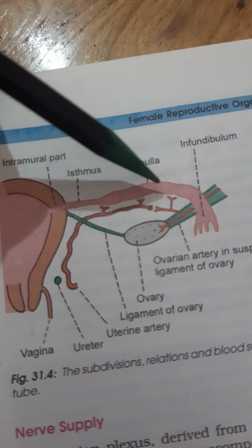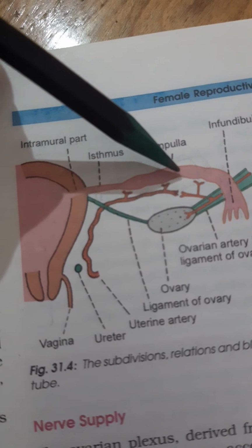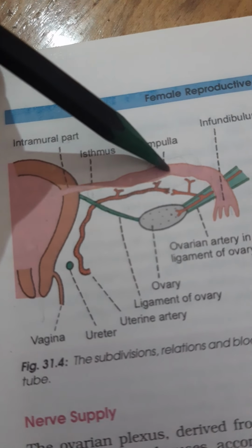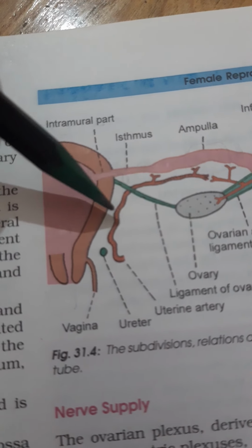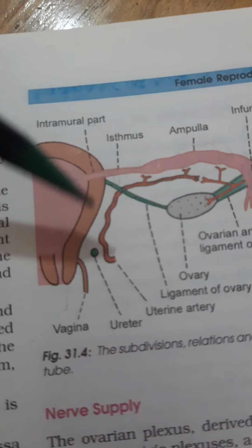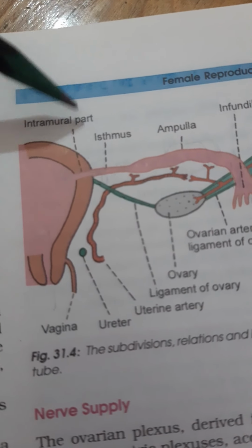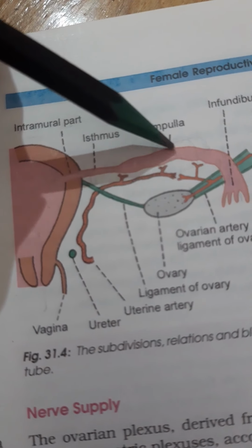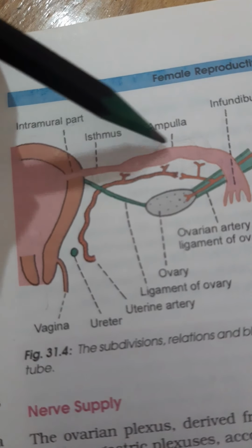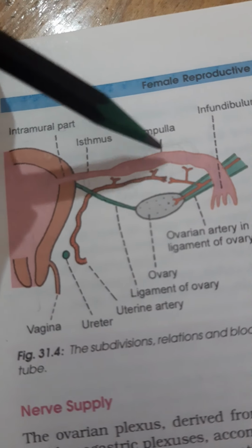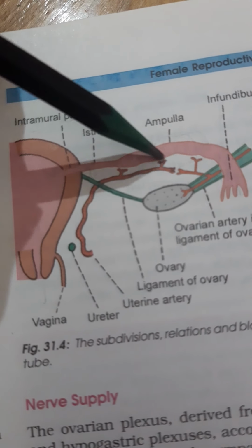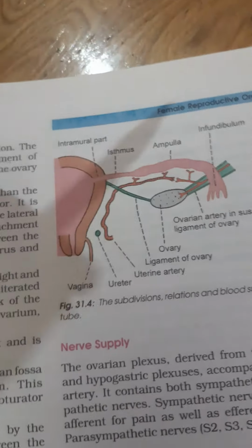But sometimes it can get stuck in this particular area, and the embryo can develop there. The uterus can stretch with the growing embryo, but the fallopian tubes do not have that much space, so the growing embryo causes rupture of the tube.